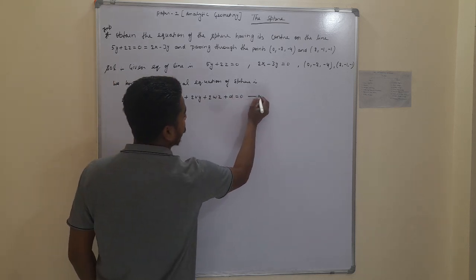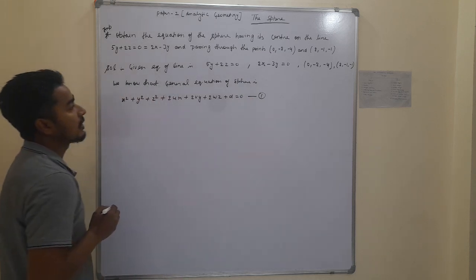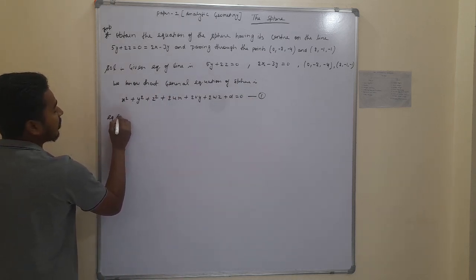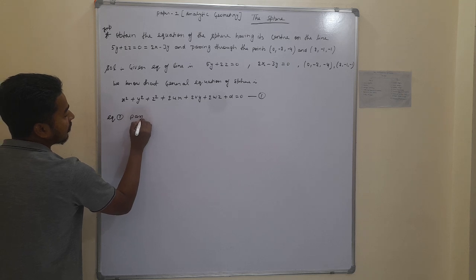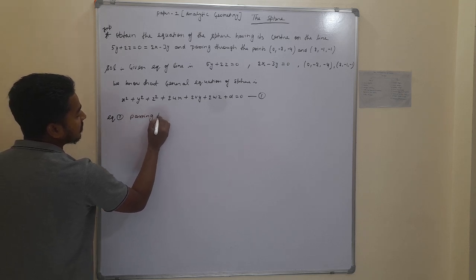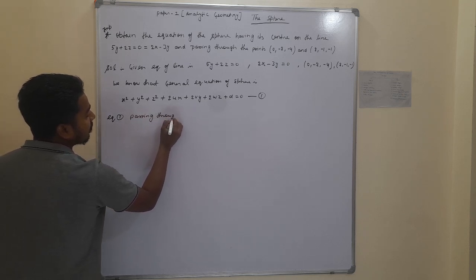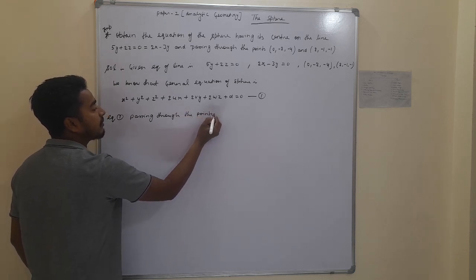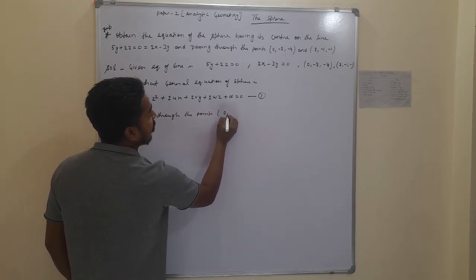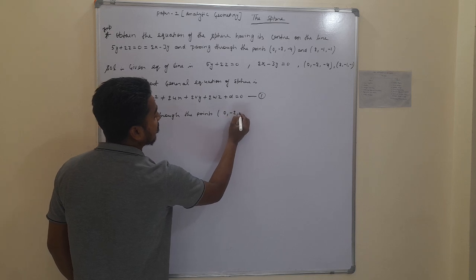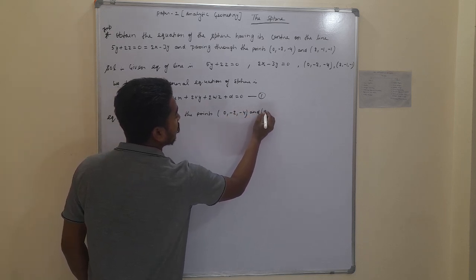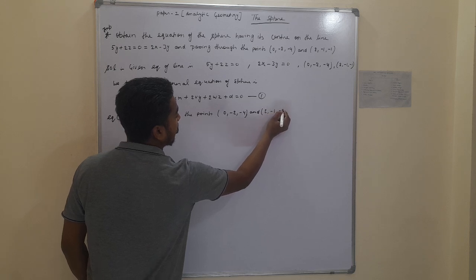Let this be equation 1, and equation 1 passes through the points (0, -2, -4) and (2, -1, -1).